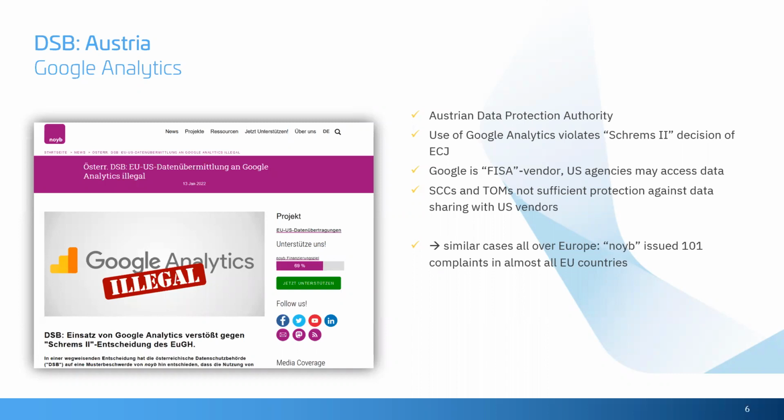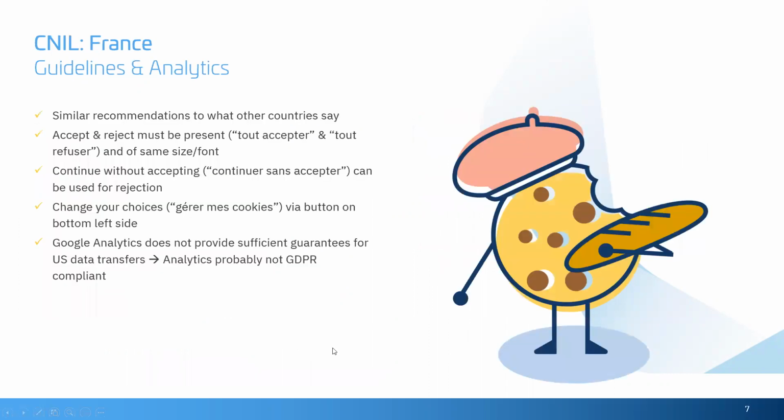And again, that will mean that Google Analytics might not be compliant. You might need additional steps in order to secure Google Analytics, and you will very likely not be able to use Google Analytics without consent. So that's from Austria. Yeah, France, as said, also has a Google Analytics case.